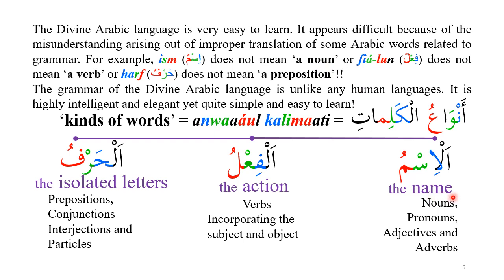The correct explanation is this: ism includes noun, pronouns, adjectives, and adverbs. And the fi'al is actually actions which include the subject and object inseparably. And harf actually means preposition, but also means conjunctions, interjections, and another important thing which is very distinct in the Arabic language, the use of the particles. I will discuss all of this, inshallah.